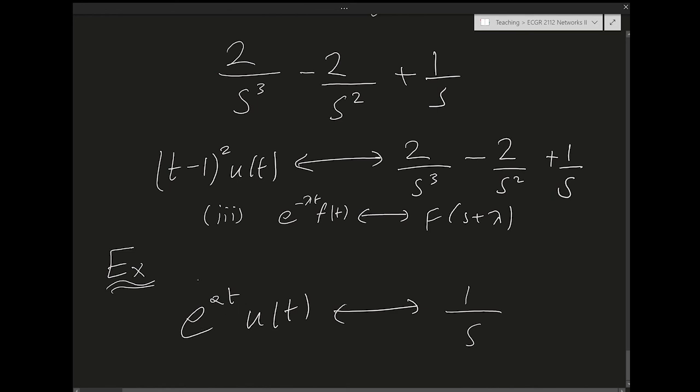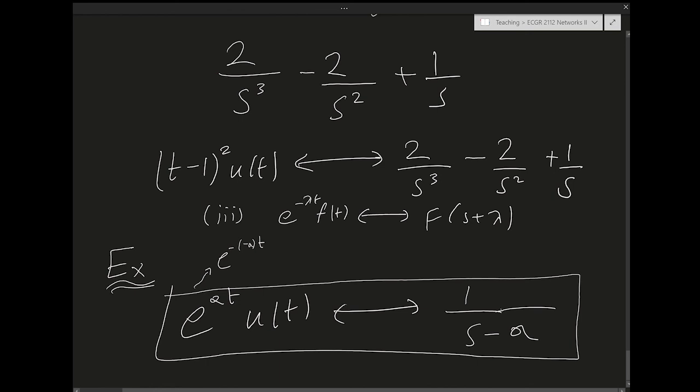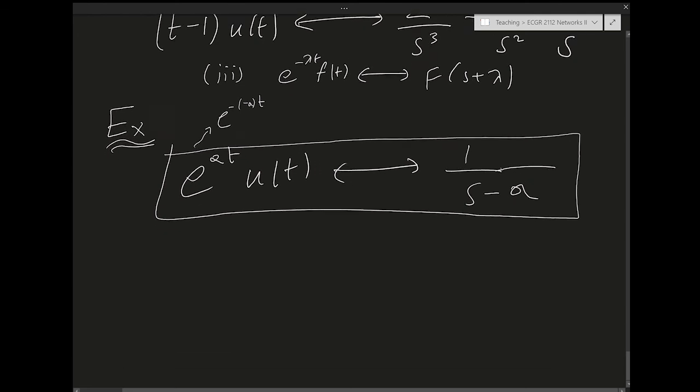This is e^(-(-a)t), so this is equivalent to a translation by minus a in the frequency domain. So this is going to be 1 over s minus a. And this is how the exponential function transforms. That's it. We found it directly from the defining properties.